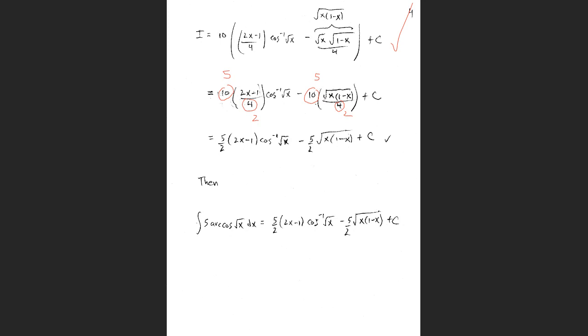So really quite a lovely problem. It's actually quite amazing that the antiderivative of 5 times the arc cosine of the square root of x equals this expression right here. But this is the beauty of having these tables available to us.